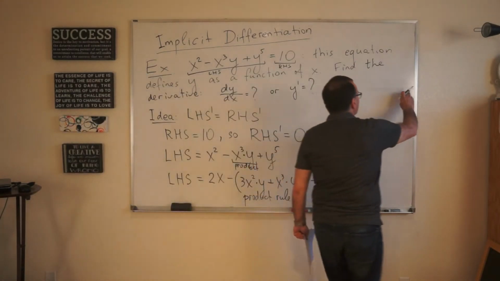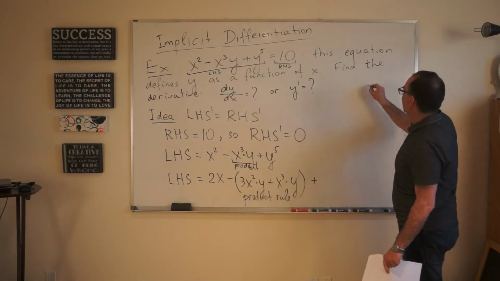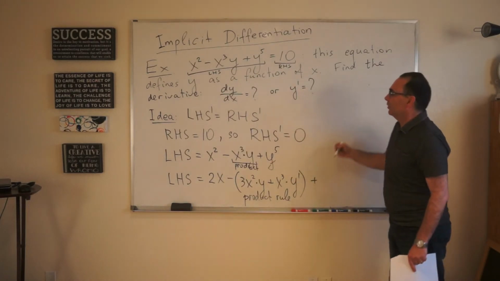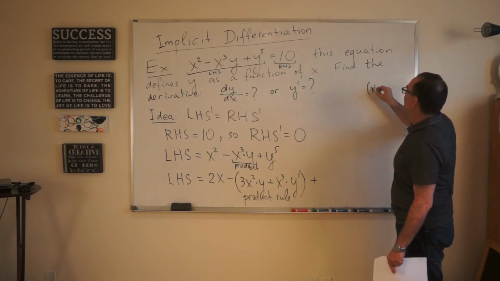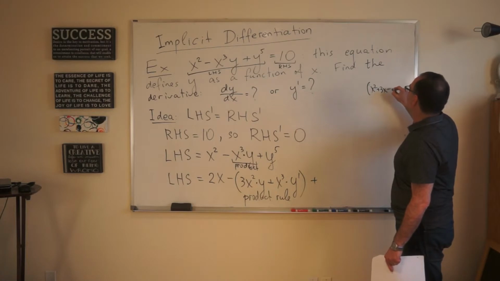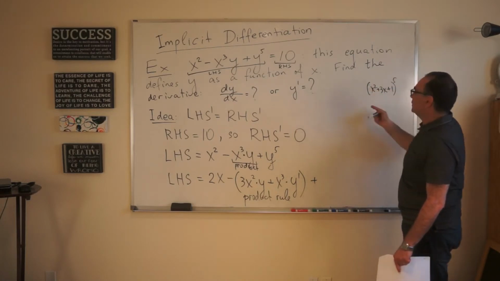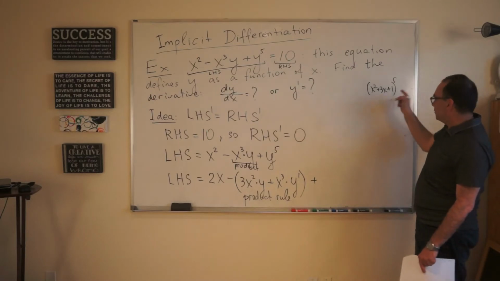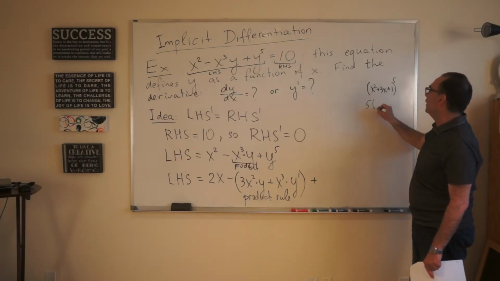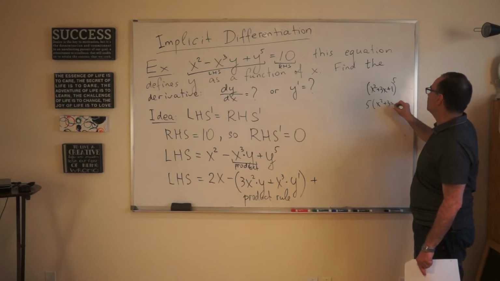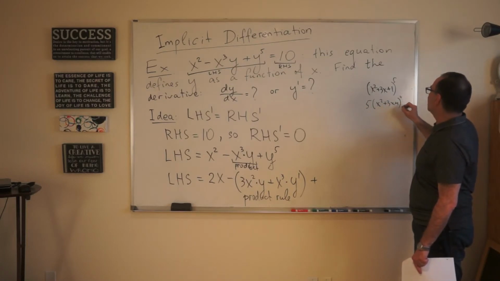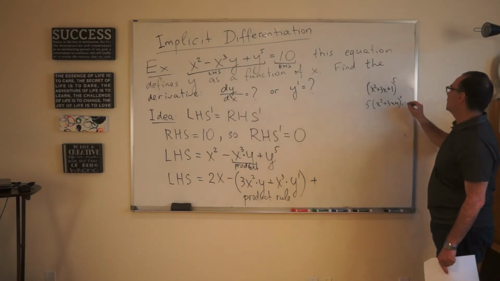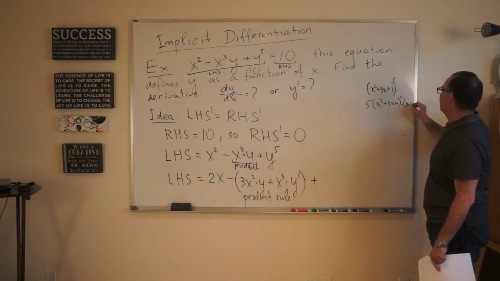So you can think of it like, for example, if we knew the formula for y, for example, x squared plus 3x plus 1 to the power 5. Derivative of that would be, by using the chain rule, 5 times x squared plus 3x plus 1 to the power 4, and then times derivative of the inside, which is 2x plus 3.